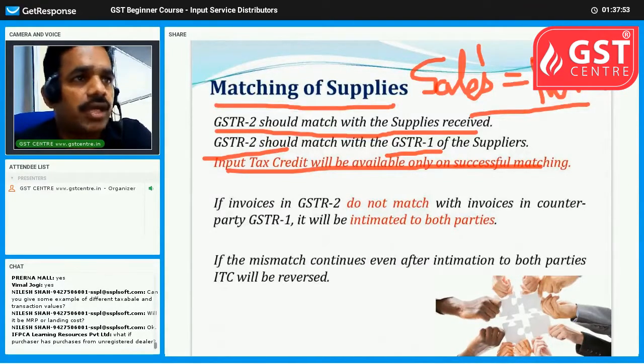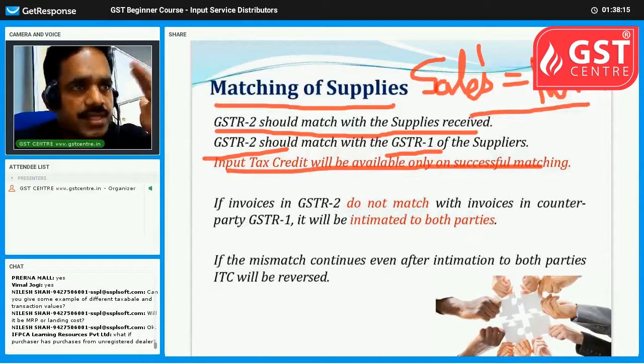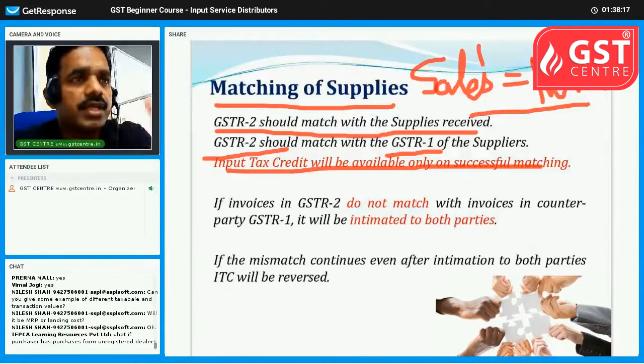Mr. Ravi is in West Bengal and he is selling to Mr. Kishore in Delhi. Ravi in West Bengal to Kishore in Delhi. While Ravi files GSTR 1, all invoices issued to Kishore in Delhi should be filed, should be uploaded. Then Kishore in Delhi can see all these invoices in his return too.